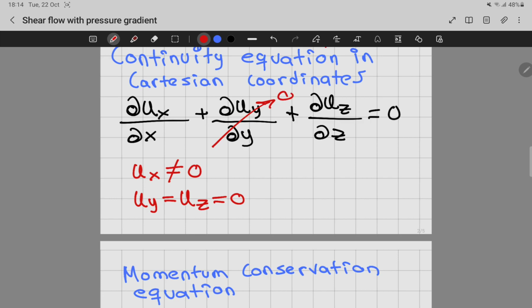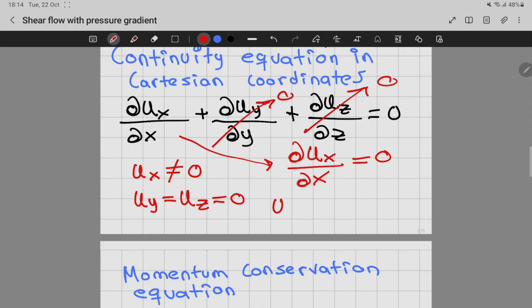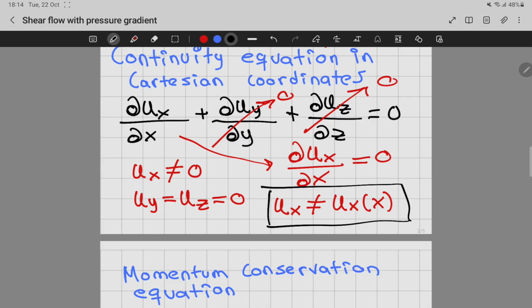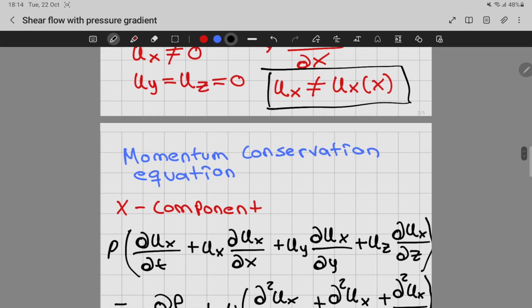So these derivatives are 0, and we end up with this equation, which tells us that if this derivative is 0, then ux is not going to depend on x. That's the main conclusion that we can obtain from the continuity equation.